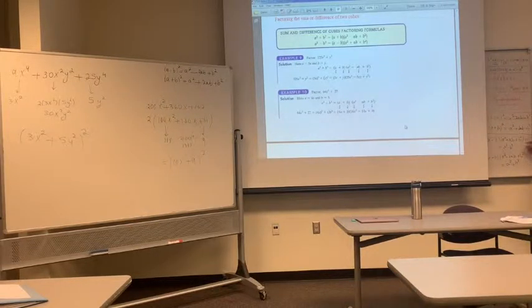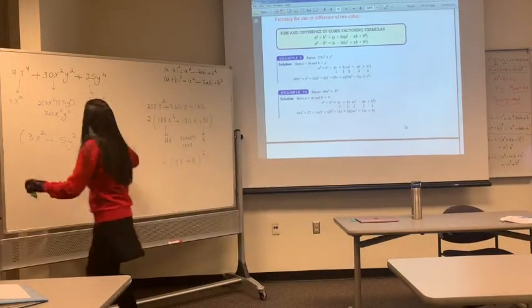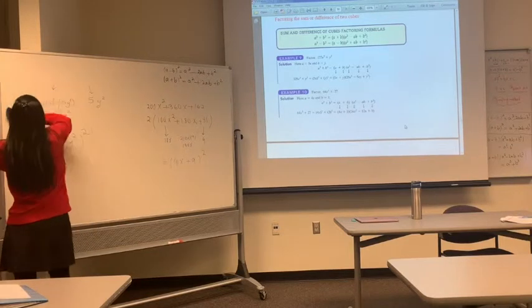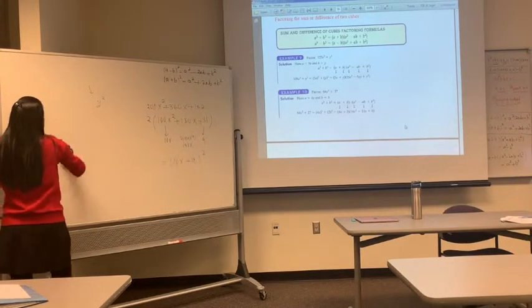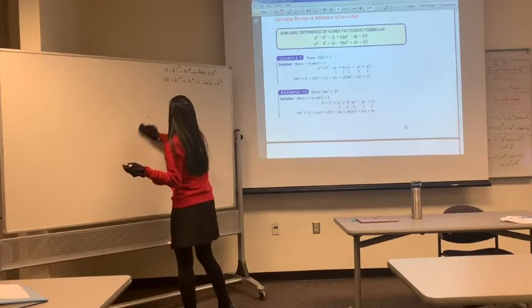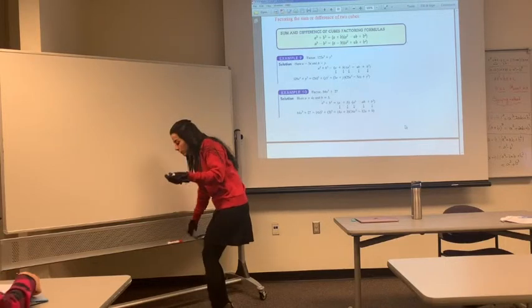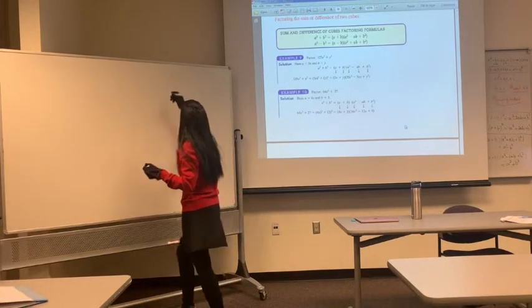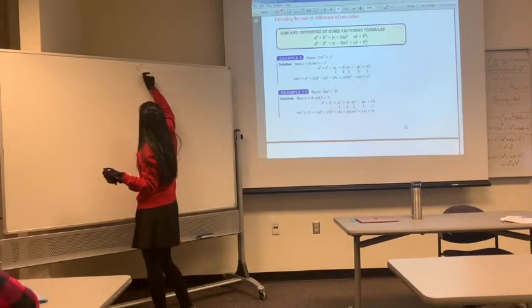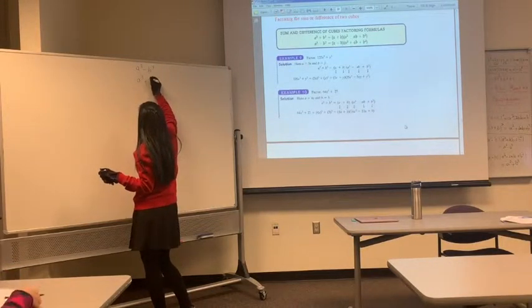We are going to use this. So this one is a power 3 minus b power 3, and a power 3 plus b power 3.